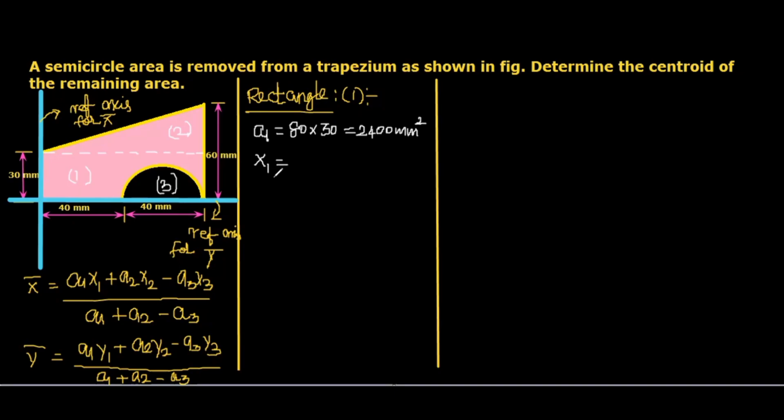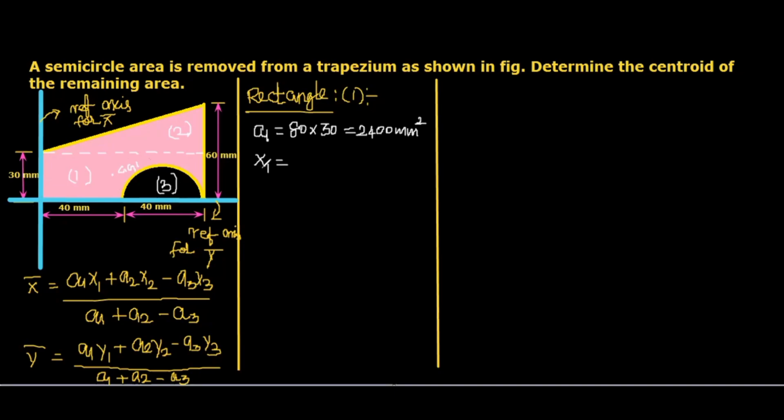Then x1, y1. Both we know: linear dimension divided by 2, vertical dimension divided by 2. For a rectangle, the CG here is CG1. For x calculation, that will be at a distance of 80 by 2. For y calculation, if vertical is 30, that will be 30 by 2, that is 15.